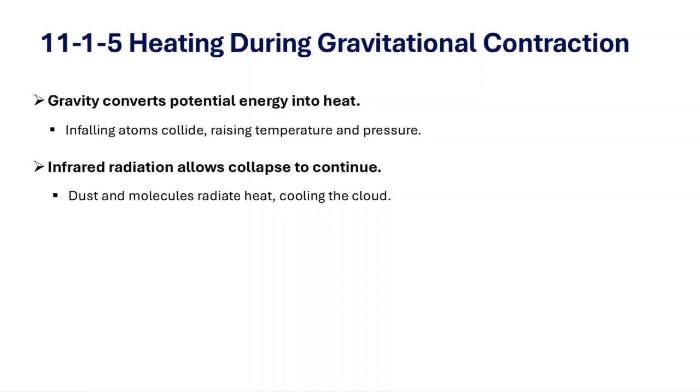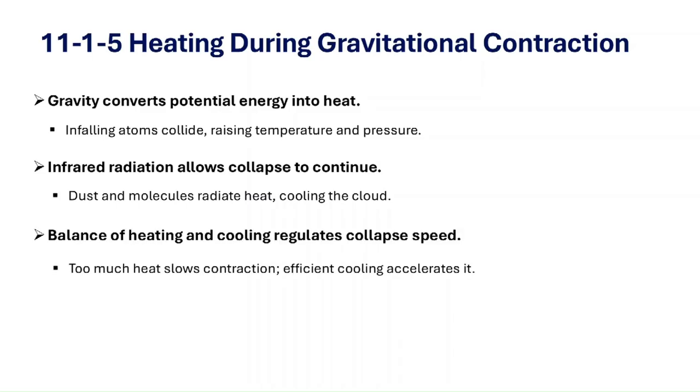Now this cooling is essential. Without it, the cloud would heat up too quickly and stop collapsing. Now the rate at which the cloud collapses depends on the balance between heating from gravity and cooling from radiation. Too much heat slows contraction, but efficient cooling lets it proceed faster.